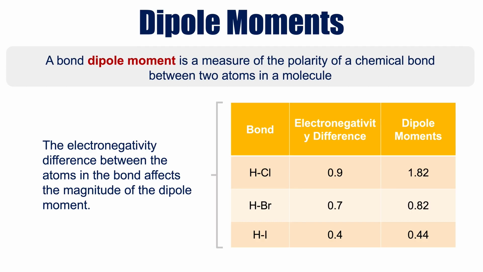Just understand that these different dipole moments have different strengths based off of the difference in electronegativity for the elements. This idea that not every dipole has the same exact strength or magnitude is going to become important when we look at the polarity of molecules later on in the unit.